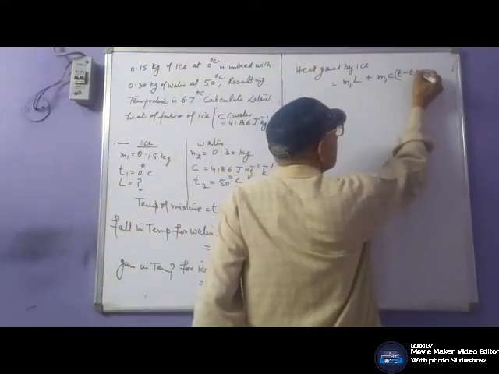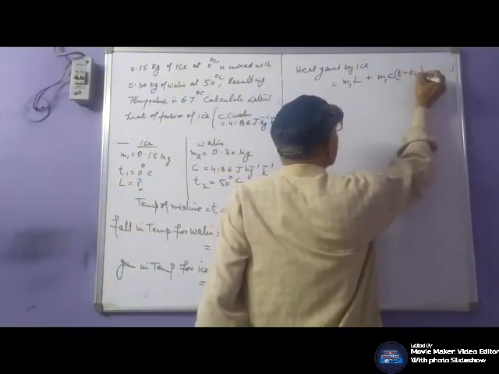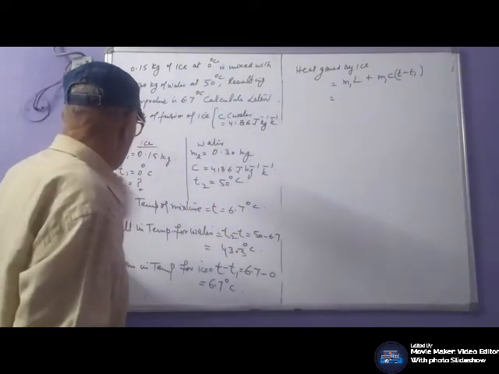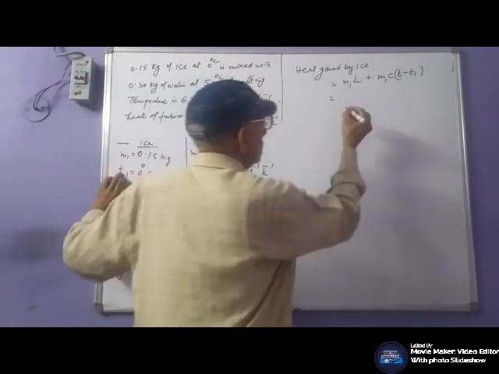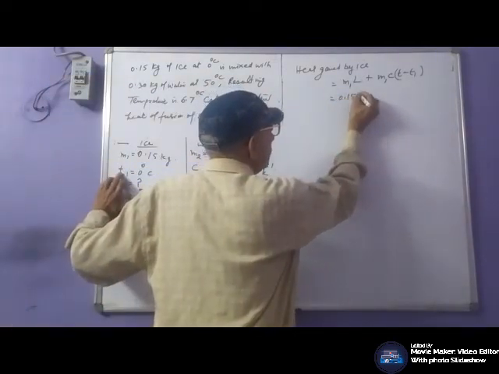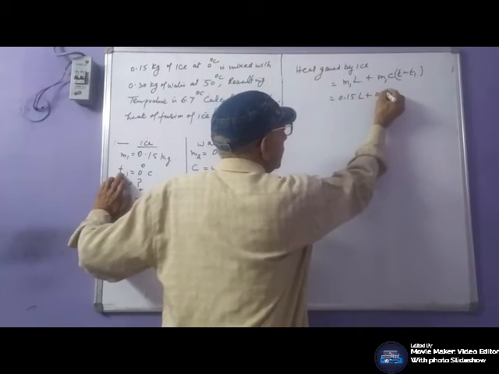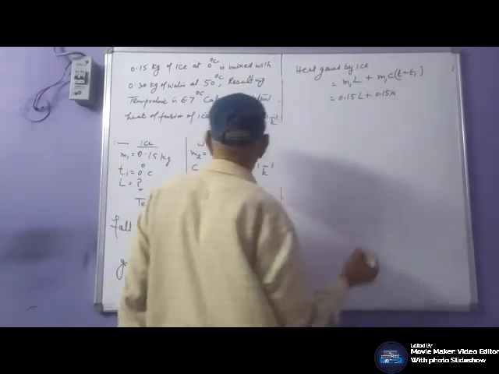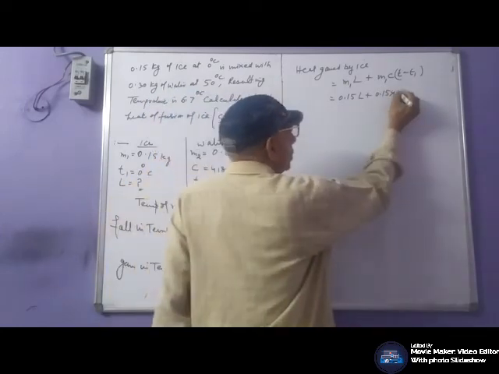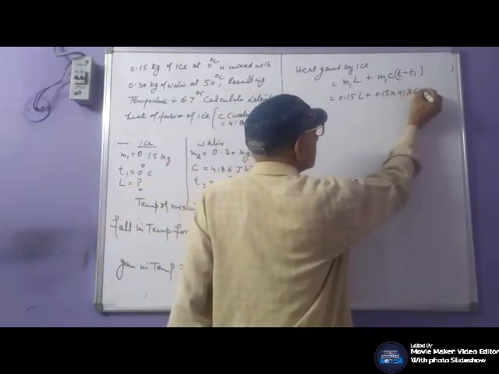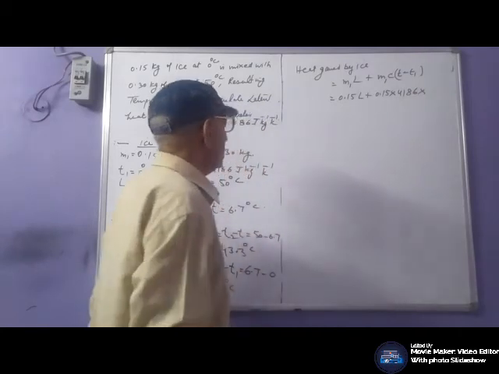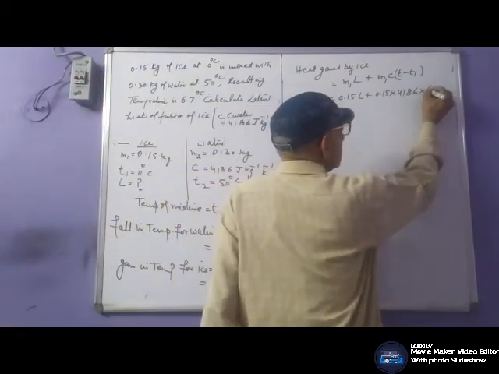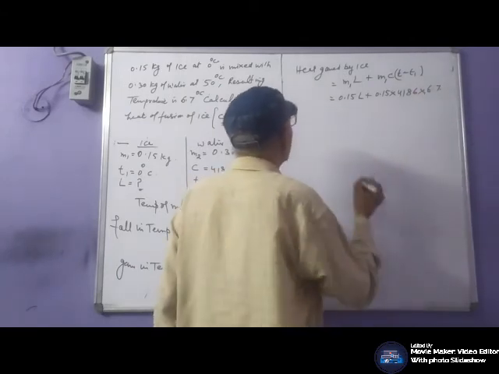So it is 0.15 into L plus 0.15 into C, 4186, into (T minus T1), 6.7.